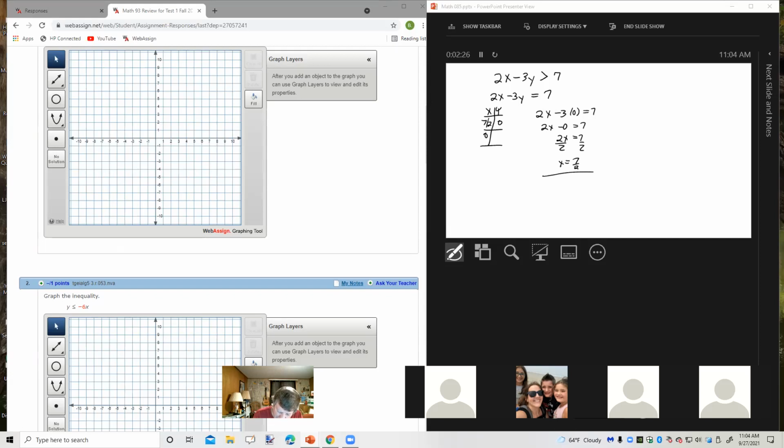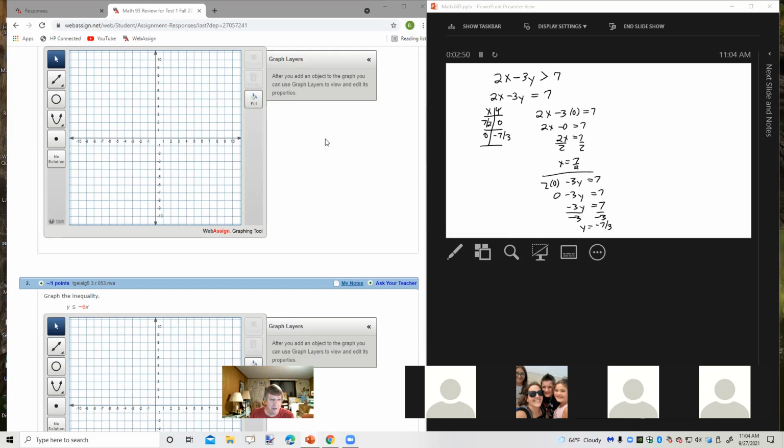Okay, if x is 0, I've got 2 times 0 minus 3y equals 7. 0 minus 3y equals 7. Negative 3y equals 7. Divide both sides by negative 3, and y equals negative 7/3. Now, how do I graph those 2 points?